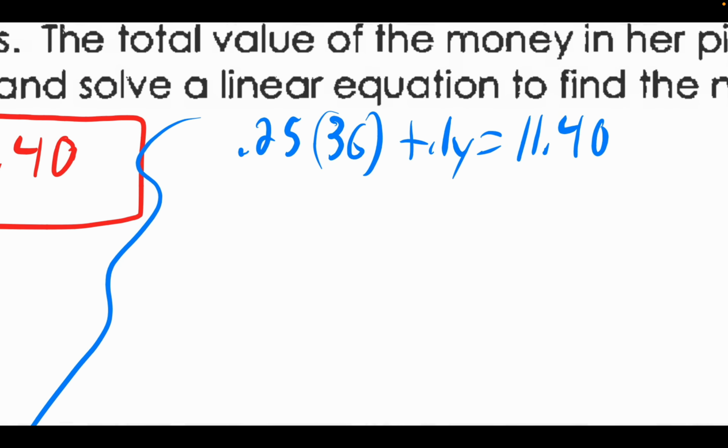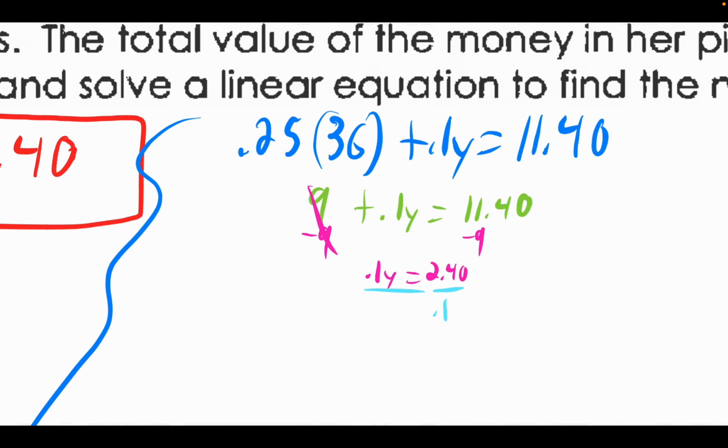And so here, I would go ahead and do 0.25 times 36, and I get 9. 9 plus 0.1y equals 11.40. So I'm going to subtract 9, and I get 0.1y equals 2.40. And if I divide both sides by 0.1, I end up getting y to equal 24 dimes, which is how many dimes Karen would have.